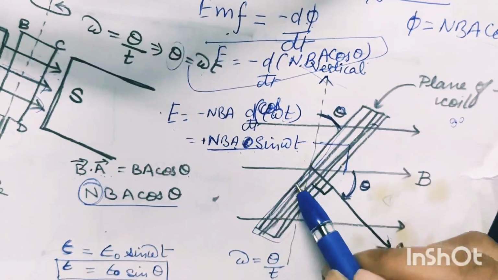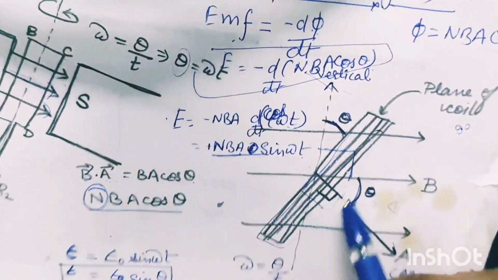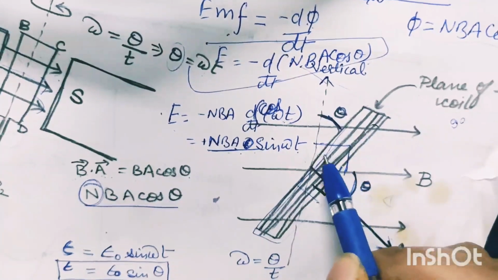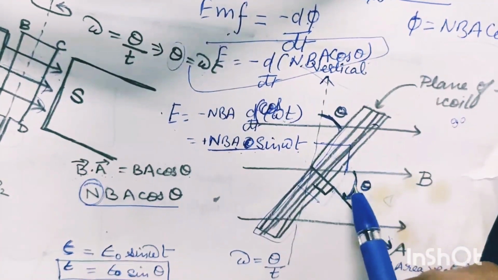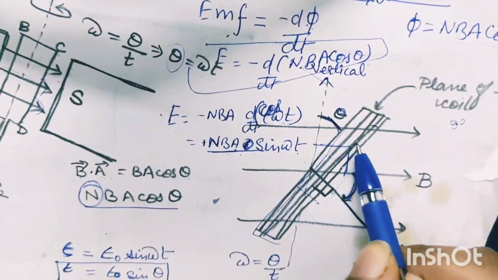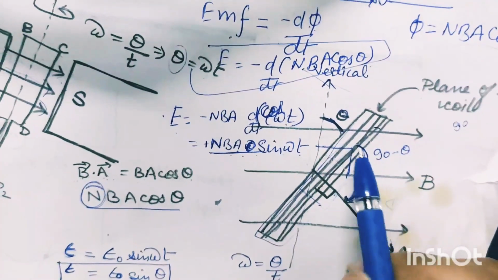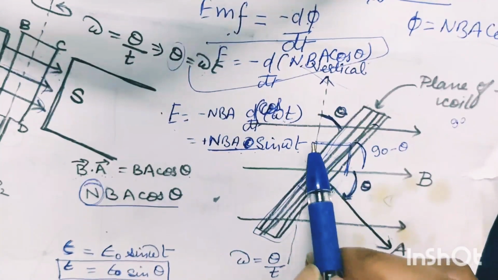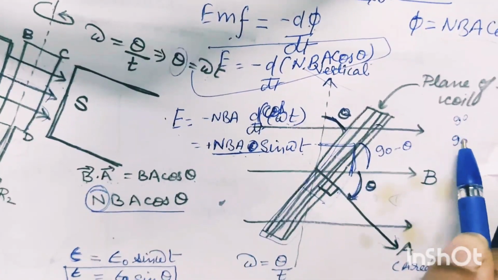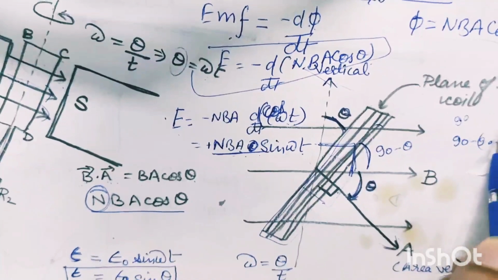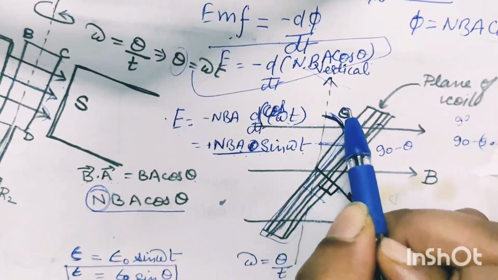See, since this angle is 90 due to the area vector, this will also be a 90 angle, okay? And this is theta. So this angle will be 90 minus theta. Now this is also 90 degrees. So the whole 90 minus theta will be equal to, this will be theta.